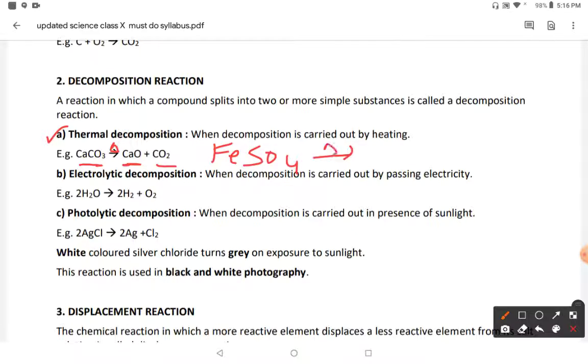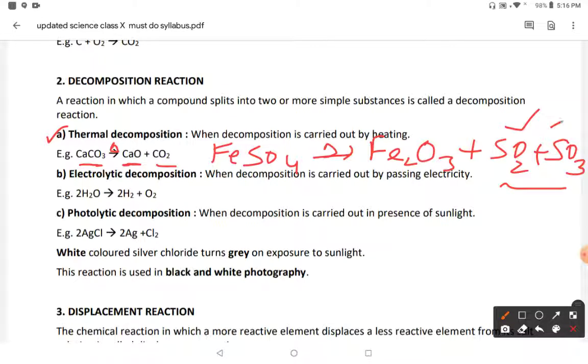When ferrous sulfate, which is green in color, is heated, it is converted into ferric oxide plus sulfur dioxide plus sulfur trioxide, and these two gases produce a very pungent smell. The pungent smell shows that sulfur dioxide and sulfur trioxide gases are present in the reaction. So these are two most popular examples of thermal decomposition.